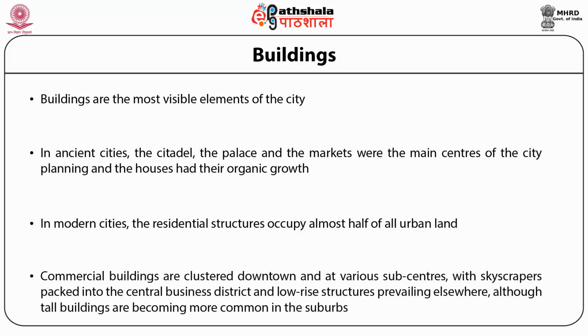Commercial buildings are clustered downtown and at various sub-centers, with skyscrapers packed into the central business district and low-rise structures prevailing elsewhere, although tall buildings are becoming more common in the suburbs.